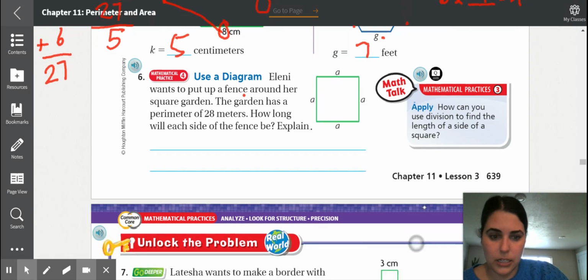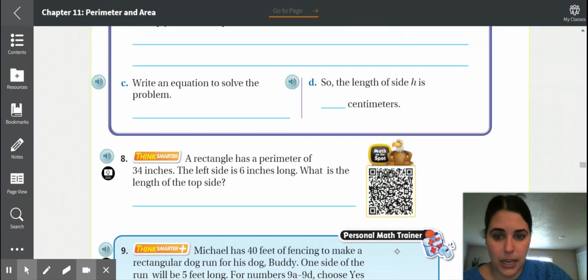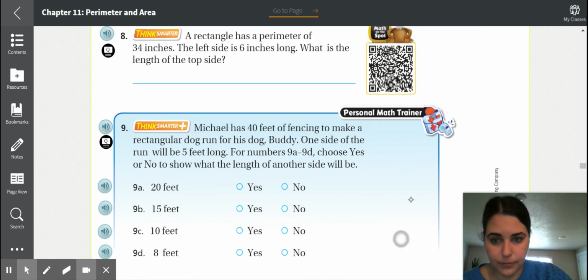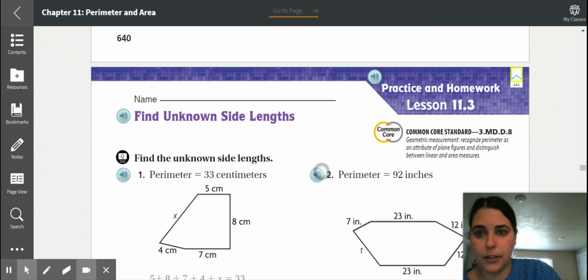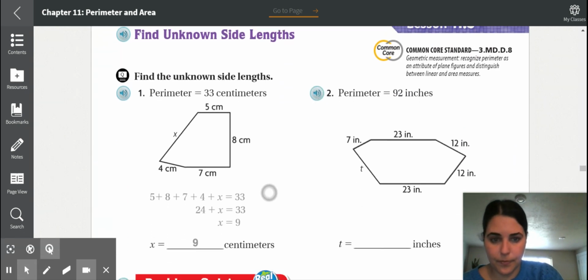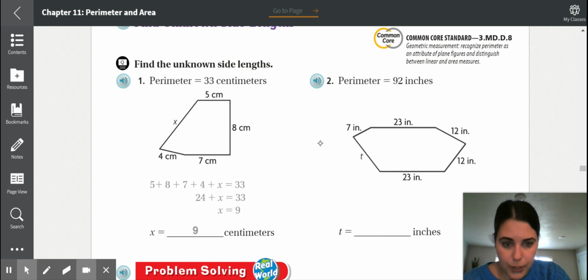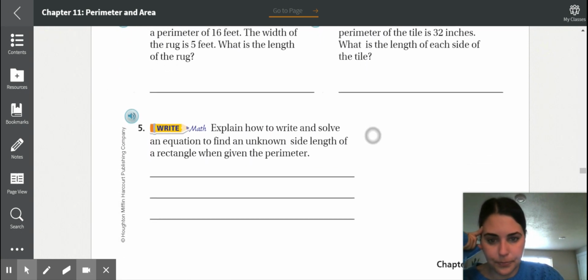All right. Let's go on to the next page. And let's talk about your homework. So skip all the way to your homework. You can do number 1 and 2. And 3 and 4.